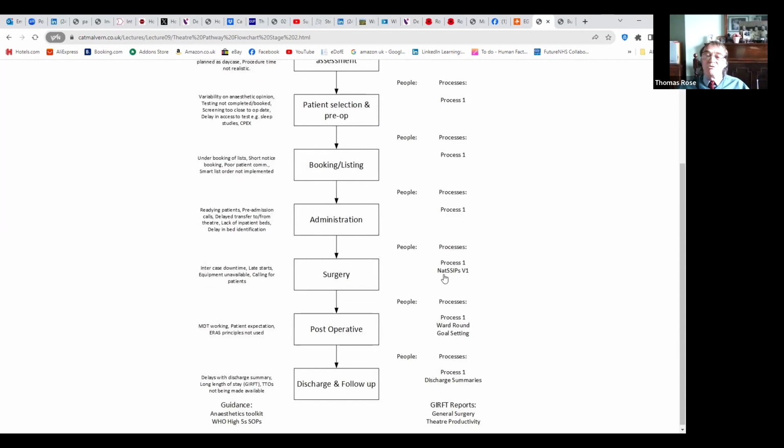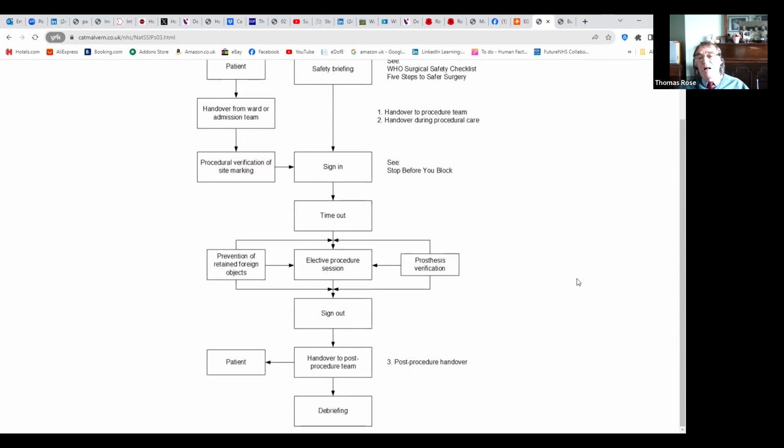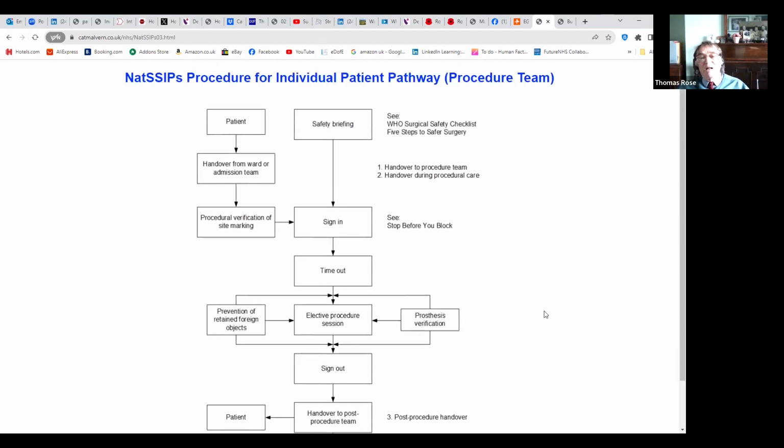And for surgery, this is where NatSip will come in, and I've got a process map of version 1 of NatSip. It's gone to version 2 now, where each of these can be identified, and some of these boxes will actually be processes within their own right. This isn't really a process map.